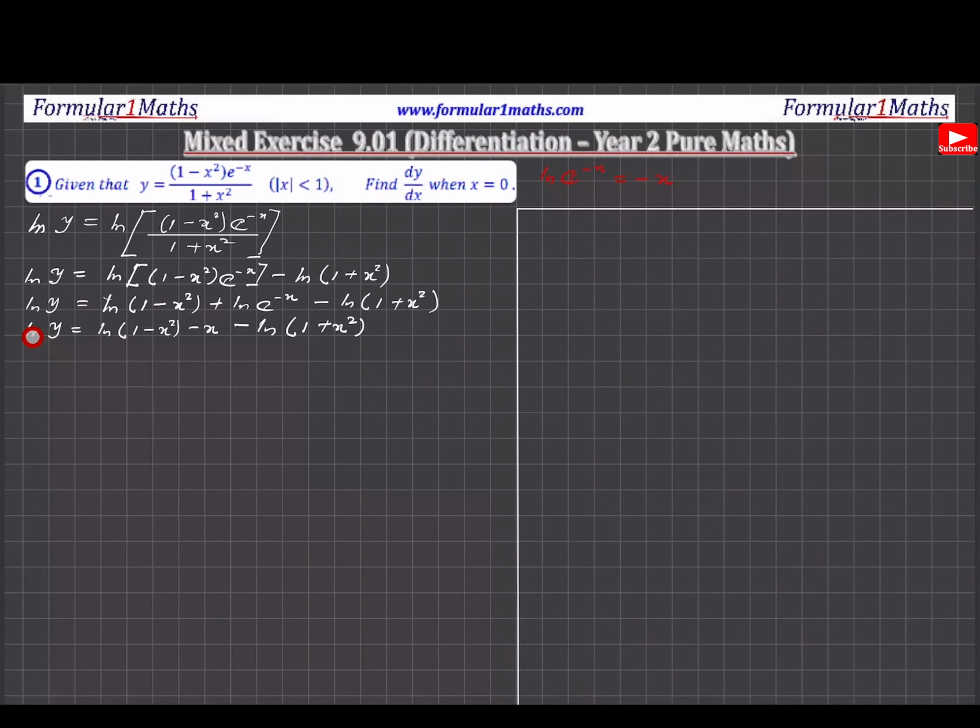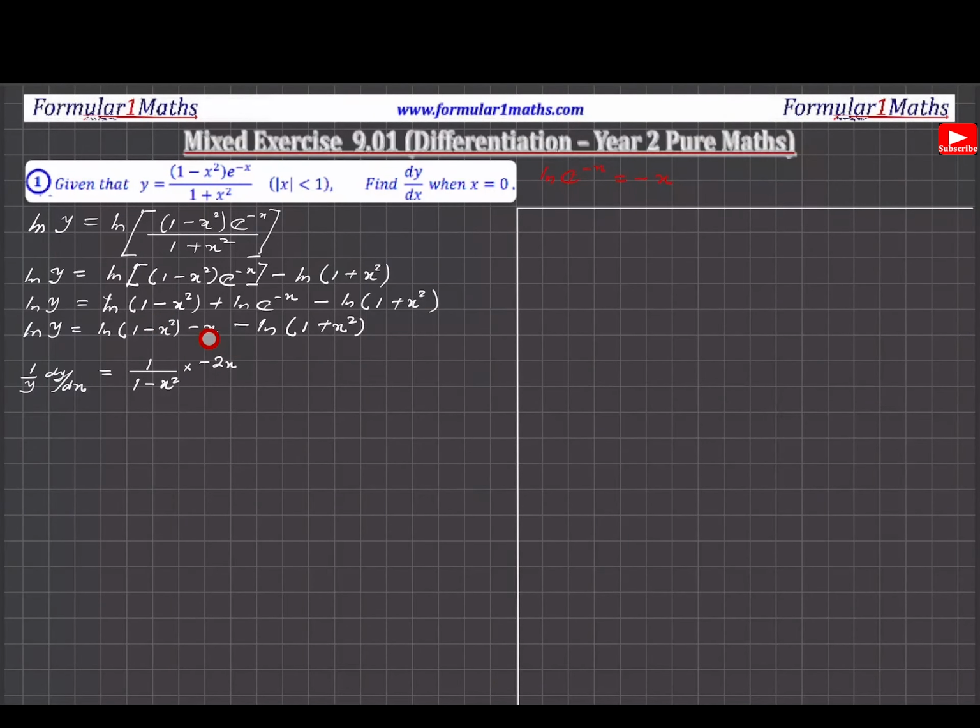For this, I'm going to use the chain rule, and that will be 1 over y dy/dx, because if I differentiate ln y, I'm going to get 1 over y, and I'll differentiate y to get dy/dx. That will be equal to 1 over 1 minus x squared times the differential of this one, which will be minus 2x.